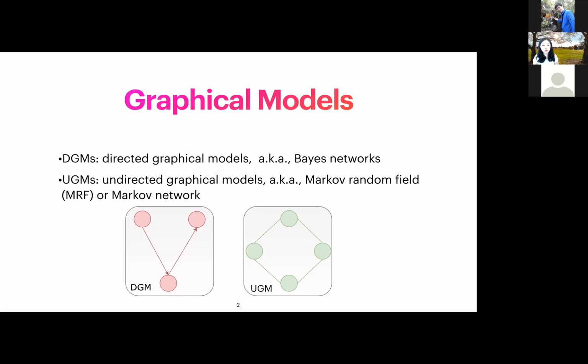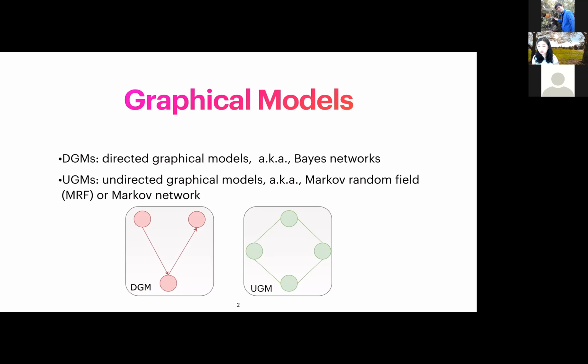Whereas undirected graphical models are often called Markov random fields or conditional random fields, and sometimes Markov networks. These are just other names for directed and undirected graphical models.